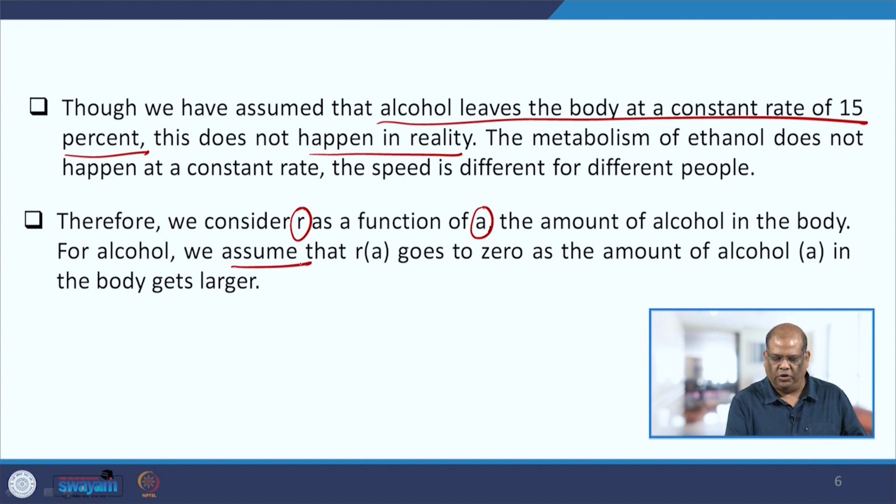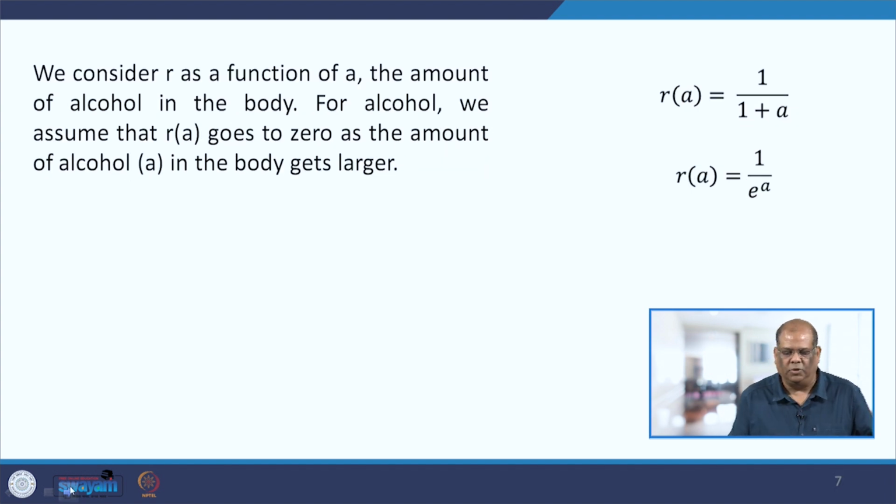We also assume that R(A) goes to 0 as the amount of alcohol in the body gets larger. Basically, as you consume more and more alcohol, the body cannot dispose of it, so ultimately the rate at which the kidney functions becomes almost negligible. That is the assumption. For such an assumption, we consider two such functions.